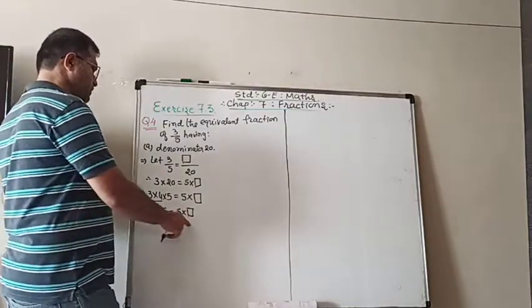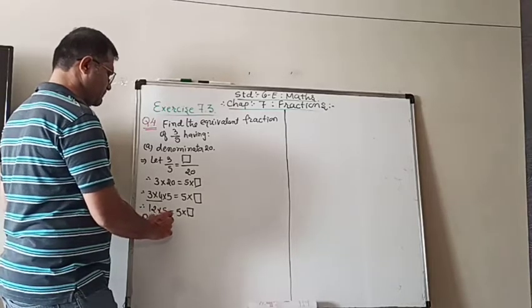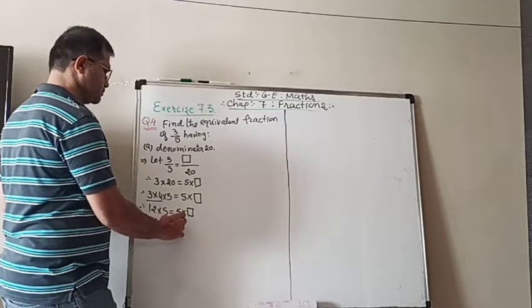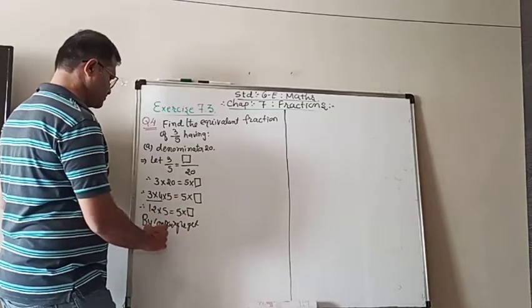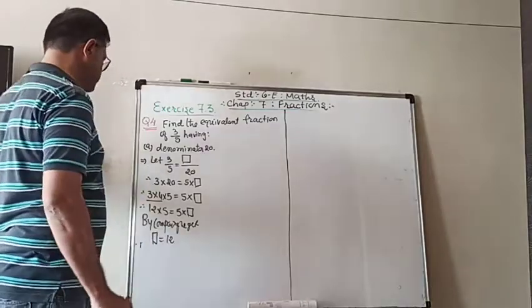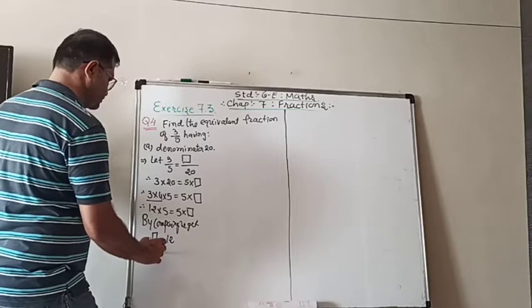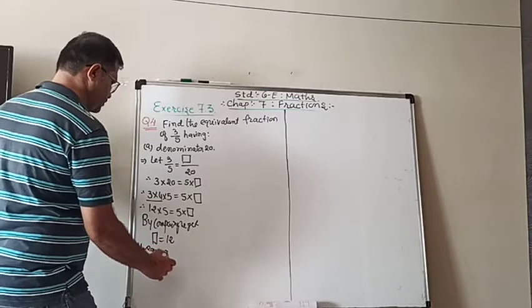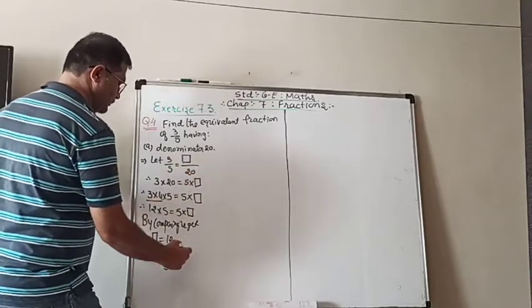So now same thing by comparing, we get box is equal to 12. Therefore, we get 3 upon 5 is equal to 12 upon 20.